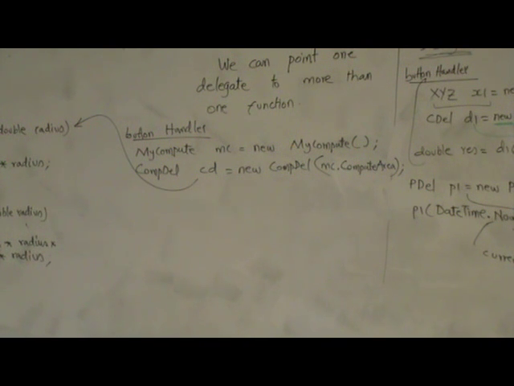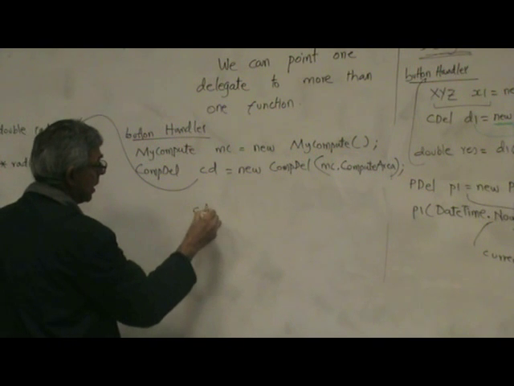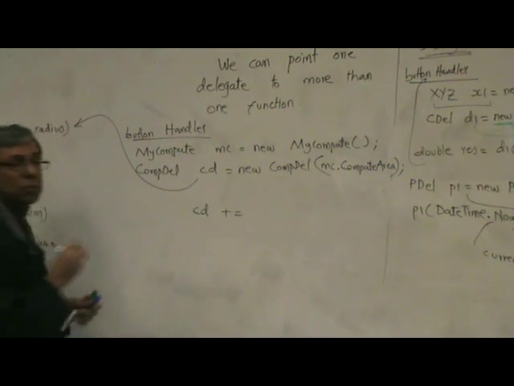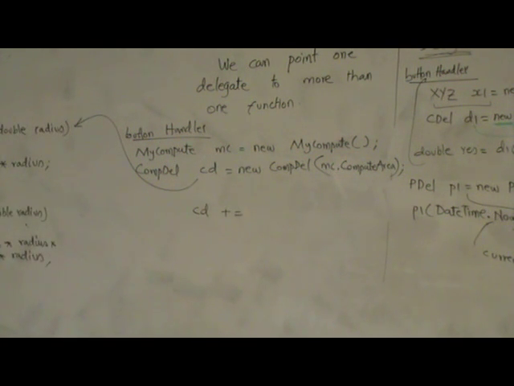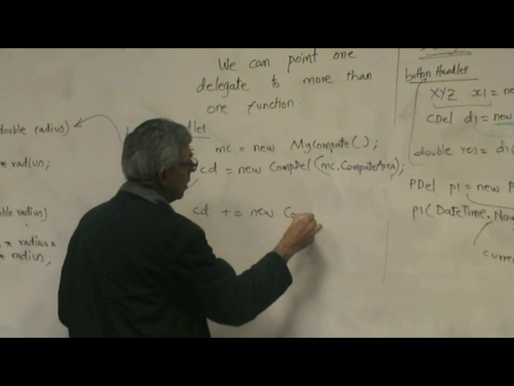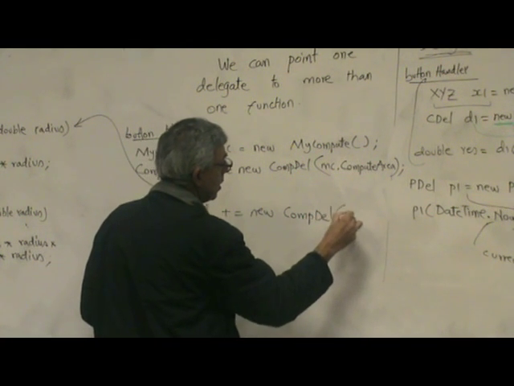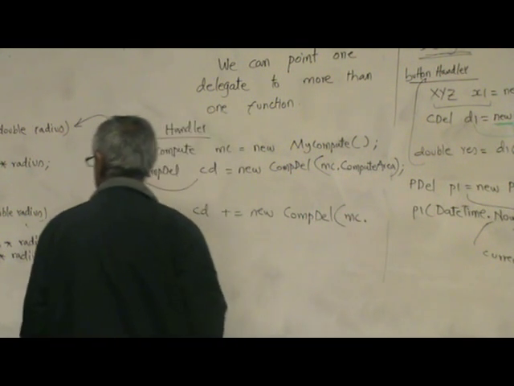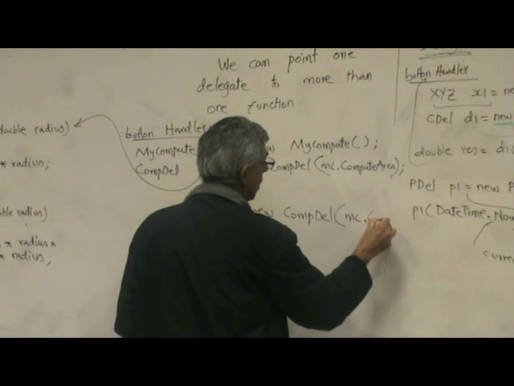Yes. Okay, how do I make it point to the second function also? So the designers of C# have overloaded the plus equal to operator. So using the plus equal to operator, you can point to as many functions as you feel like. Okay. So if I do cd plus equal to new CompDel mc.ComputeVol.